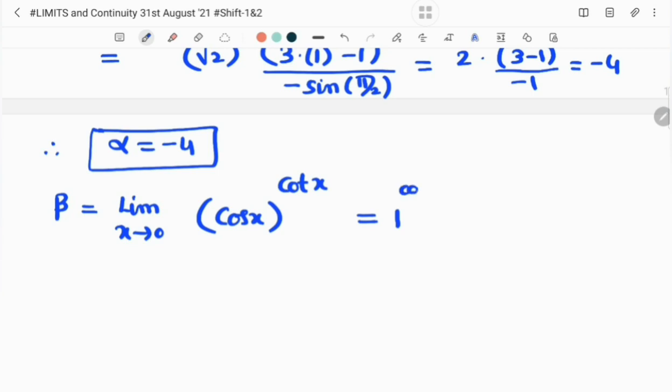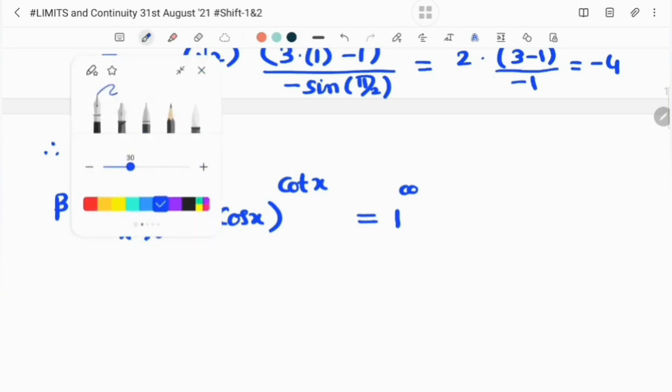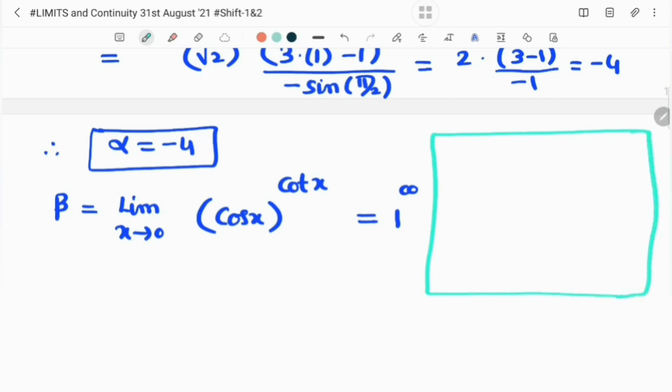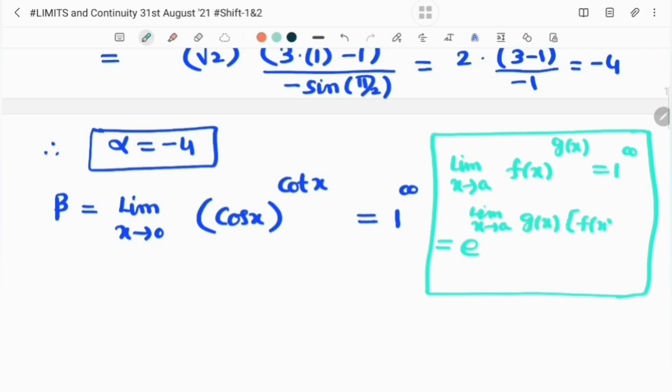Whenever the limit reaches the form 1 power infinity, we already know the formula. Once again, I'll recollect with you the information which we are going to apply. Limit x tends to a, f of x whole power g of x, if it is of the form 1 power infinity, then the limit can be written as e power limit x tends to a of g of x into (f of x minus 1).